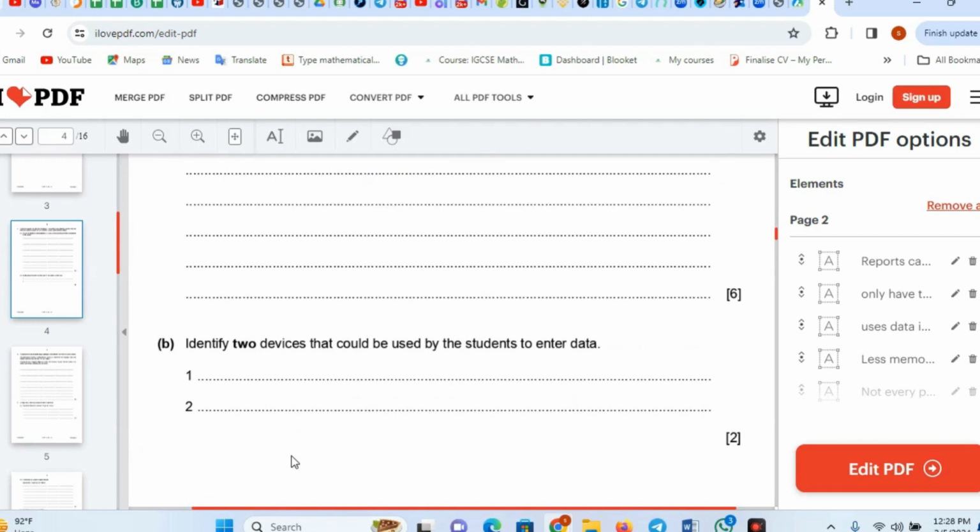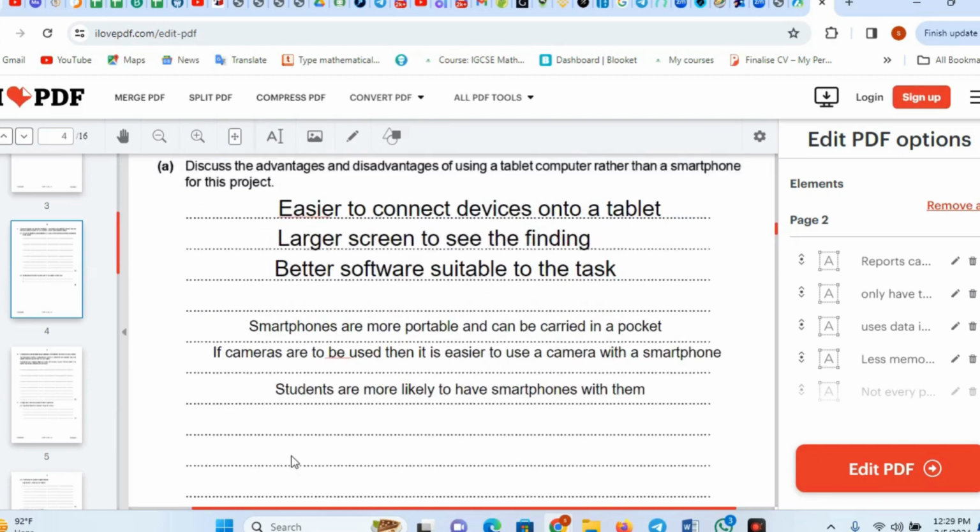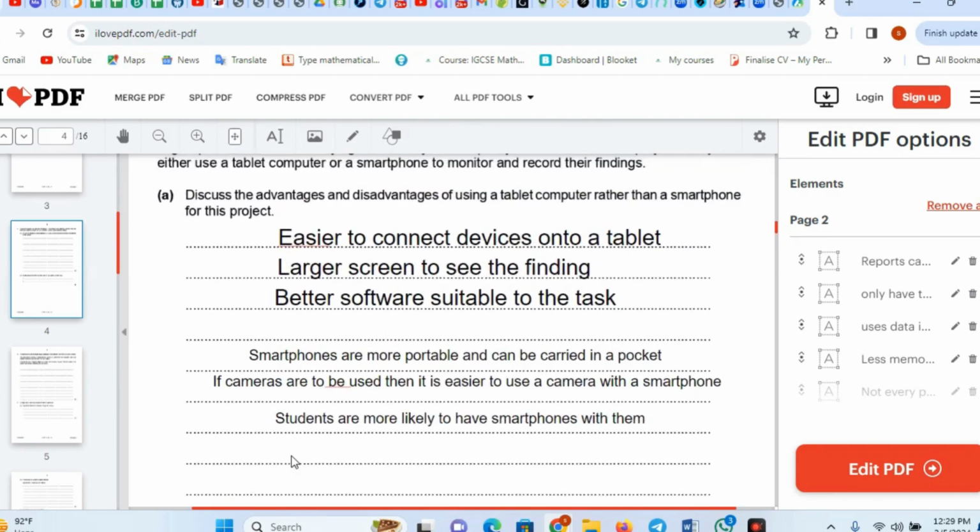Identify two devices that could be used by the students to enter data. So before I go away from here, just like I've made the explanation, I was only trying to put the answers here in a short form so that you get it.